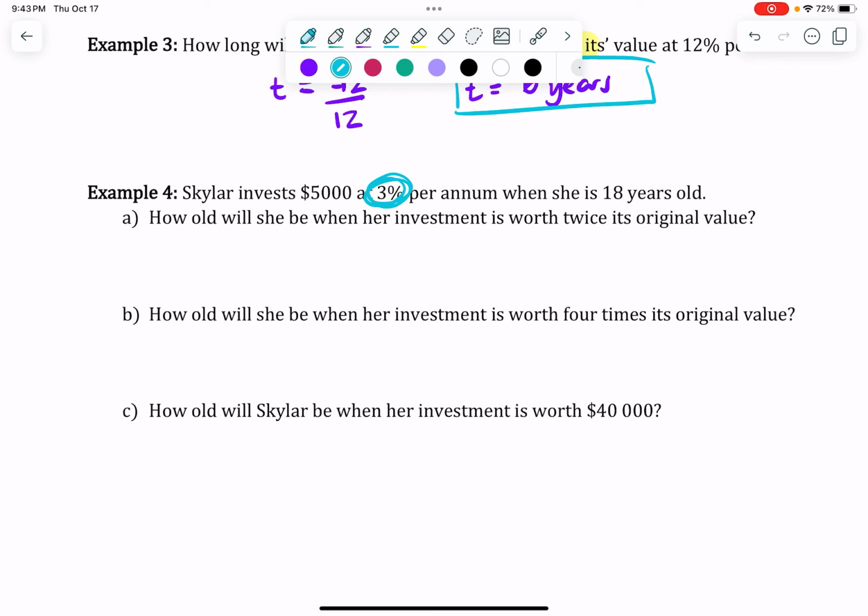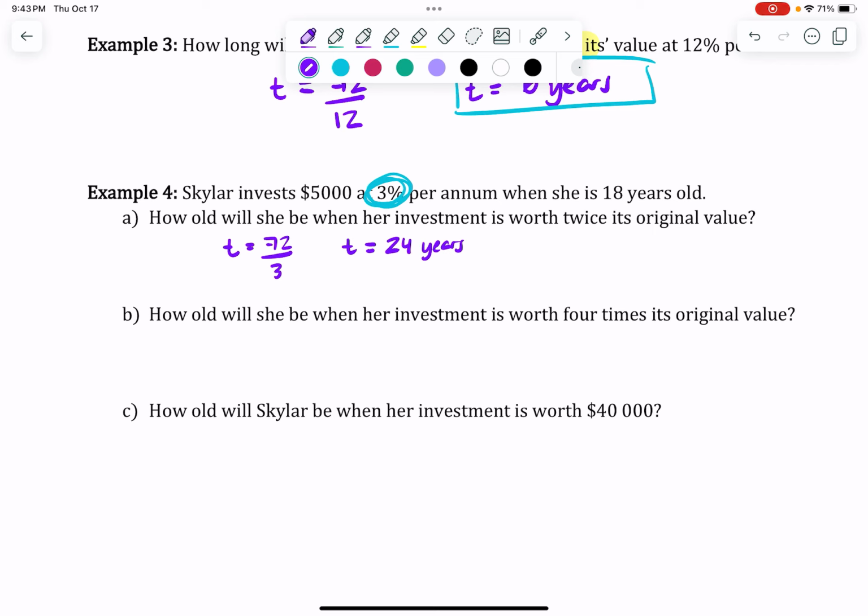So I'm going rule of 72 here, which means T is equal to 72 over I. I know that I is 3, which means when I plug this in, I get 24 years. Now, the question wasn't about how many years it would take Skylar to double her investment value.